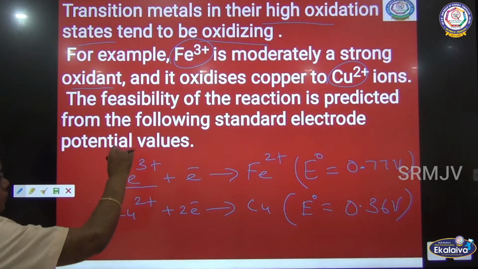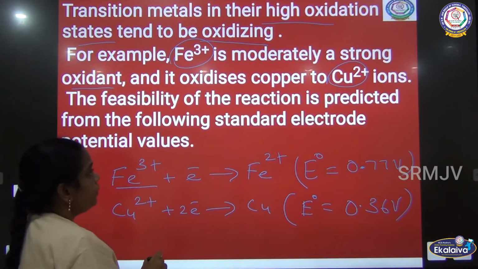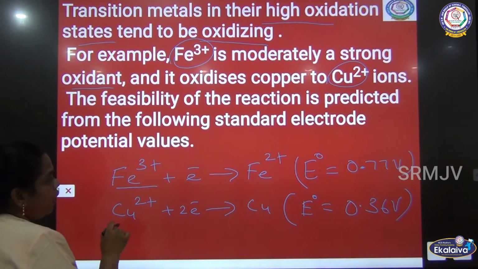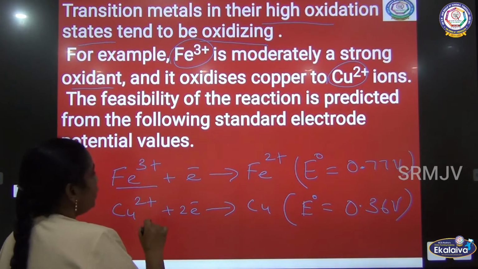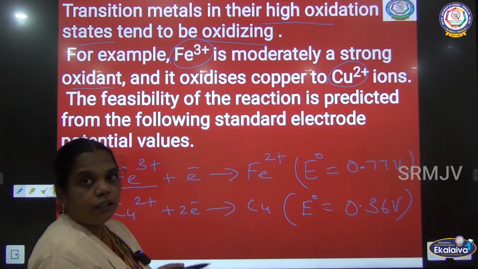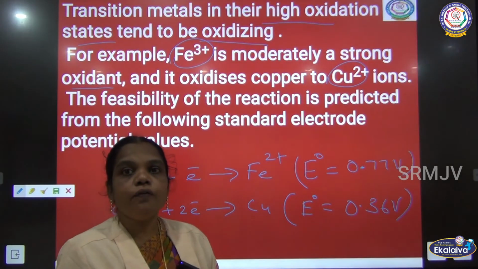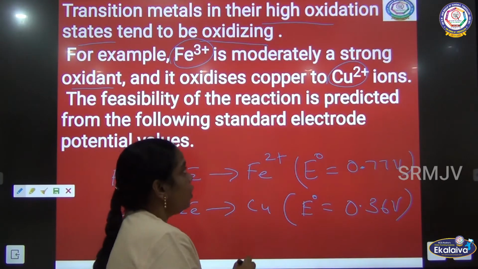Here the iron is going to oxidize the copper, and then only is the reaction feasible. So here the iron is helpful in reducing copper ion to copper electrode.